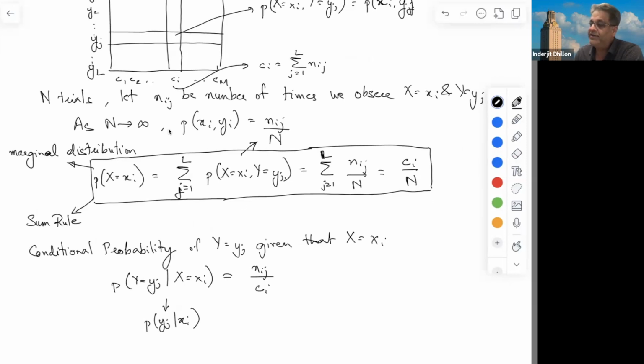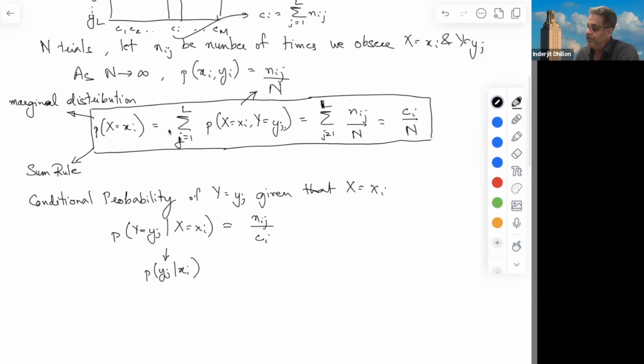So what we see is that P of yj given xi is nij divided by ci, as, of course, the number of trials becomes larger and larger. Let me just write that again, P of yj given xi.